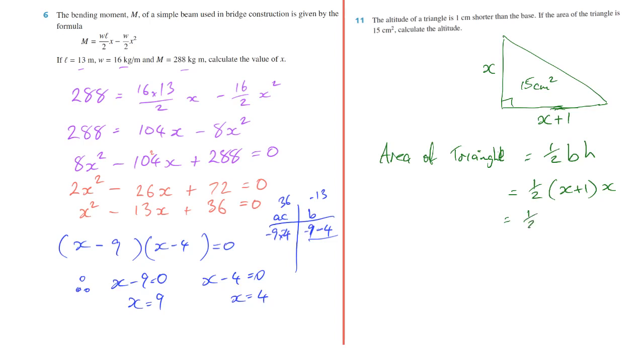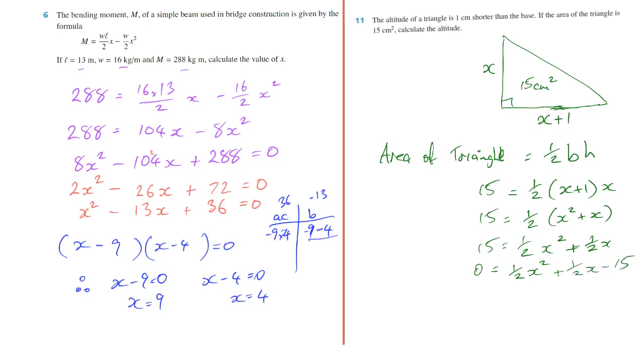So I get a half times x squared plus x, which is a half x squared plus 1/2 x, and we're told that that equals 15. So take the 15 to the other side, and I get 0 equals a half x squared plus a half x minus 15.